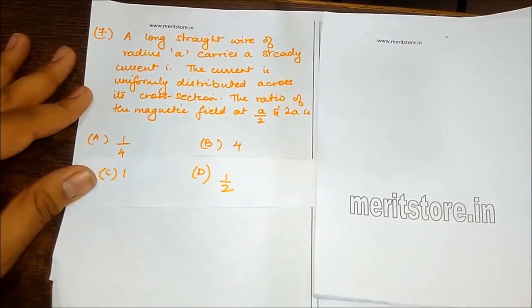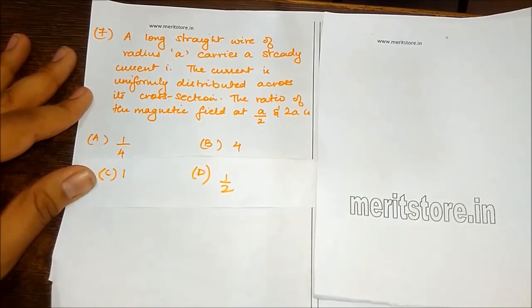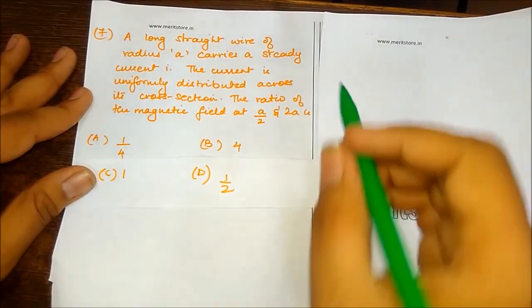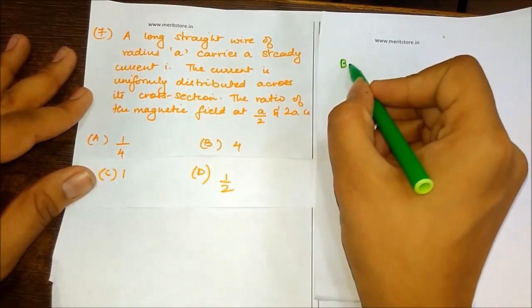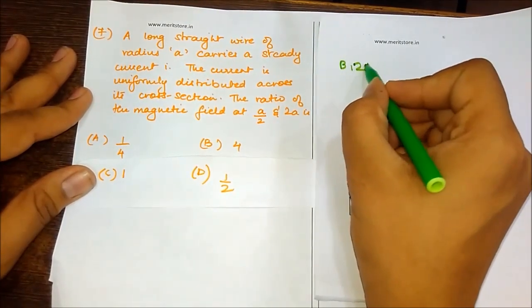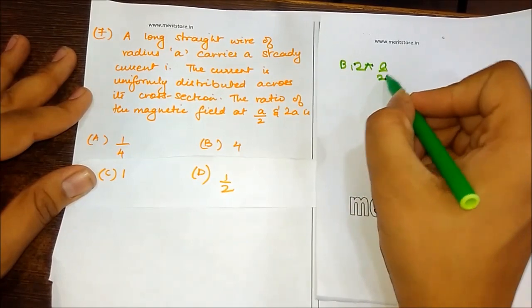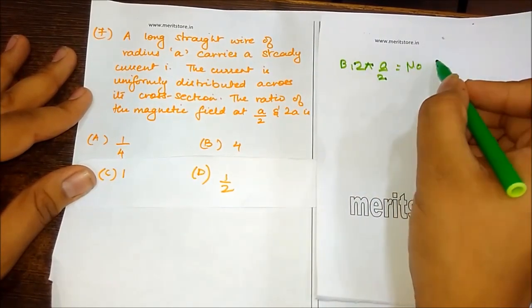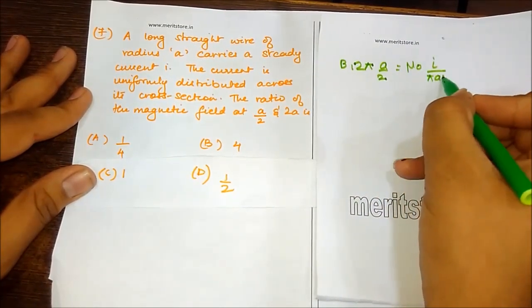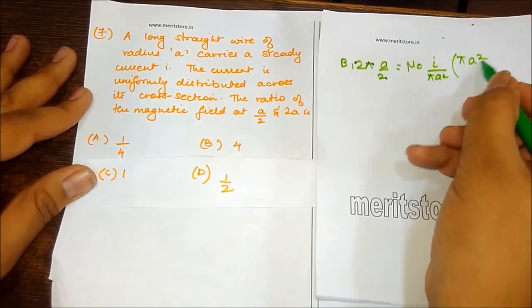Question number 7. A long straight wire of radius A carries a steady current I. The current is uniformly distributed across its cross section. The ratio of the magnetic field at A by 2 and 2A is. So now we know magnetic field B1 times 2 pi A by 2 is equal to mu 0 I upon pi A square into pi A square by 4.